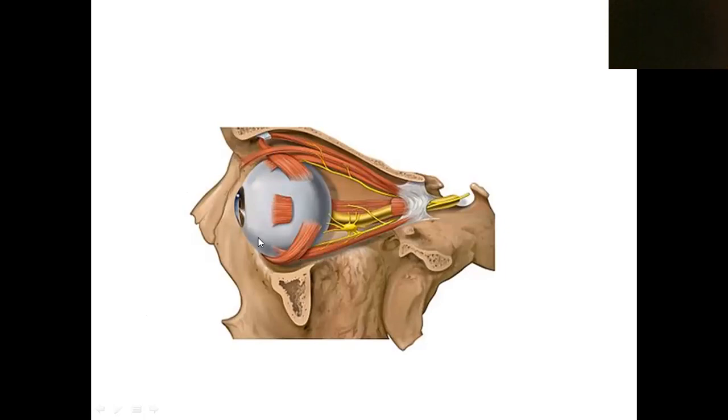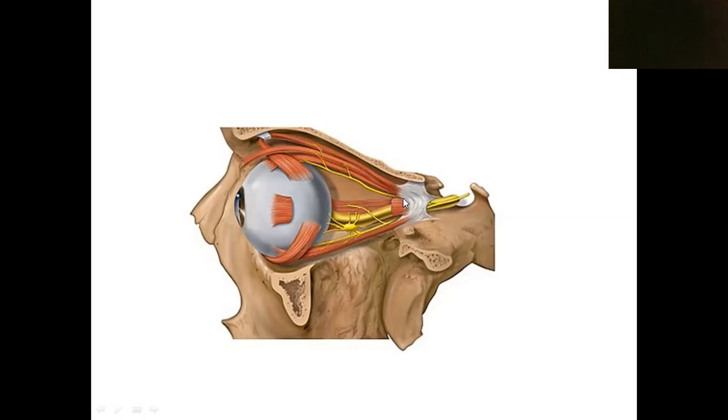This is the apex of the orbit, and this area is the base of the orbit. Towards the apex we can see one tendinous ring, this white colored structure. It is common for all four rectus muscles, so it is known as the common tendinous ring.